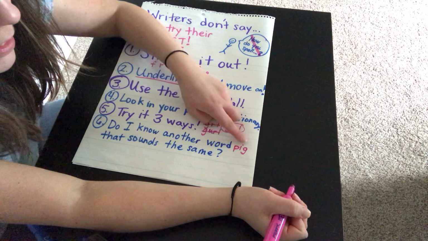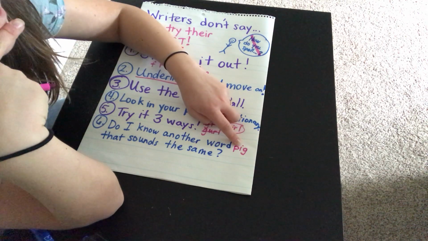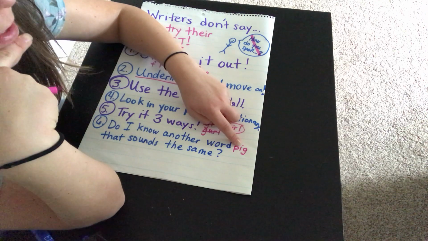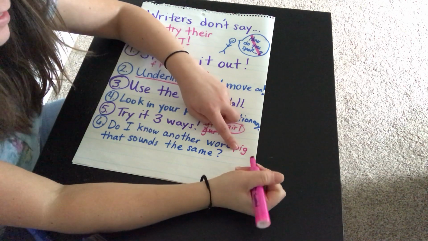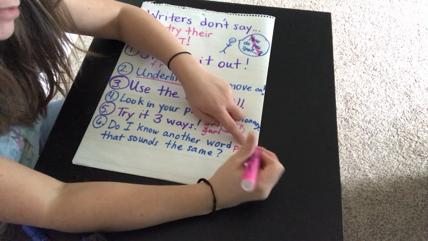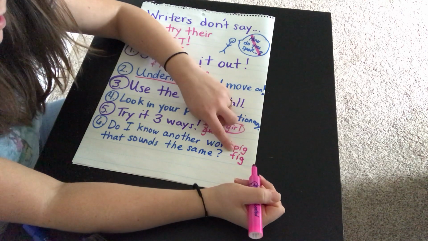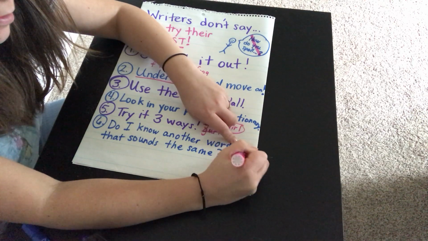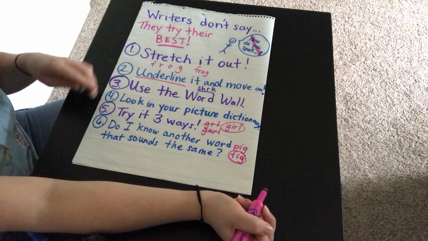So if pig is P-I-G, what's different in pig and fig? All that's different is the P sound. So if pig is spelled like this, fig must just be pig without the P. So that's how you do I know another word that sounds the same?